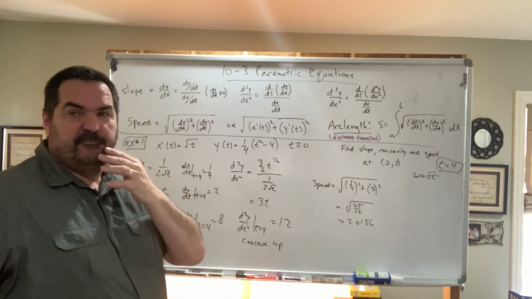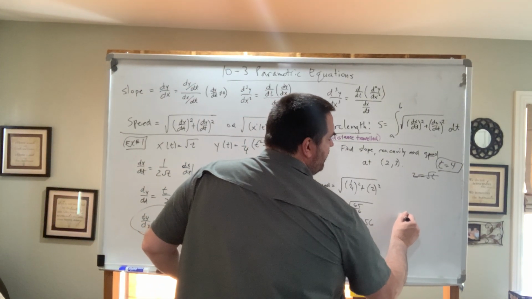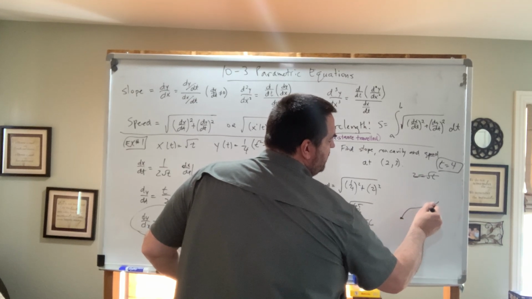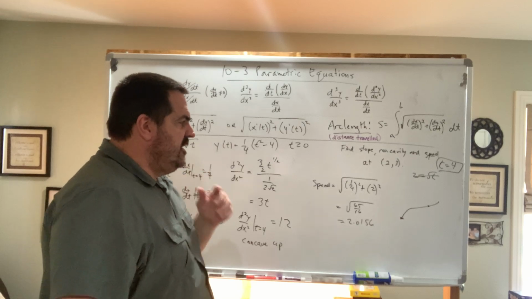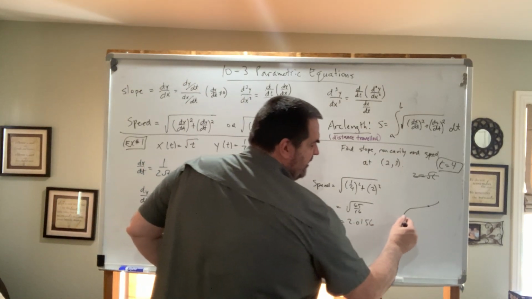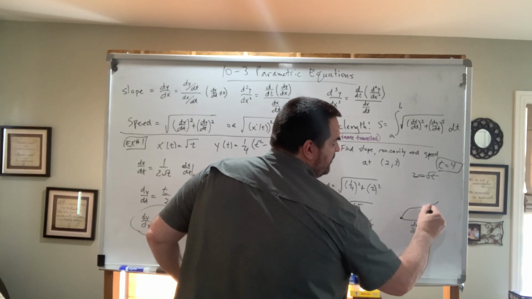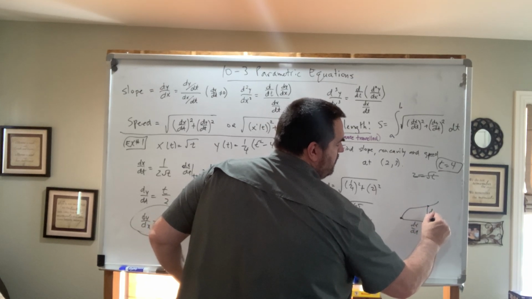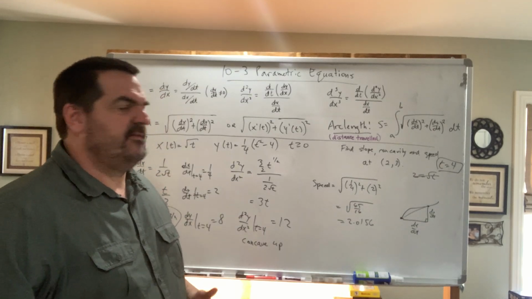Where does this formula come from? So if we have a curve and we want to know the change from here to here, we want to know how fast it's traveled. Well, I could find this speed, dx/dt, this speed, and to find that change, you can see the Pythagorean theorem coming in.